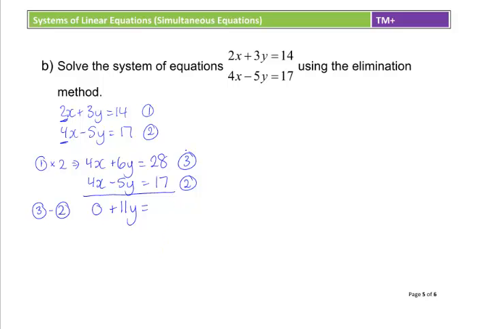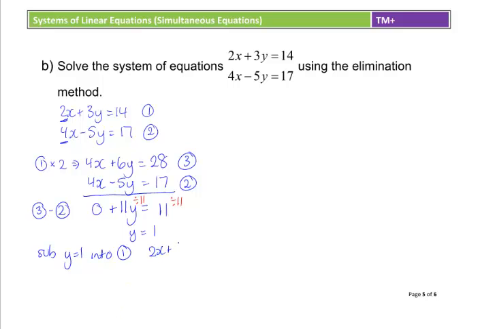Sorry, I'm subtracting, aren't I? 28 minus 17 is 11. So 11y equals 11, so divide both sides by 11. So y becomes 1.